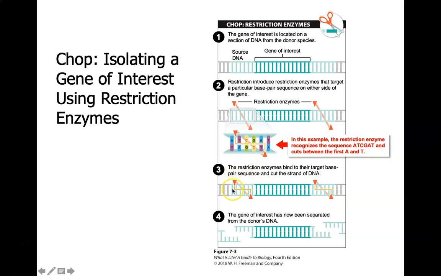So we can see down here, we've got the targeting, and this sequence here with this overhang is what we are going to cut out, with the darker blue-green being the sequence that we're interested in. Once we make that cut, we have isolated the gene that we want from the donor DNA. So now we have that gene. It's going to do whatever desired thing we need it to do.